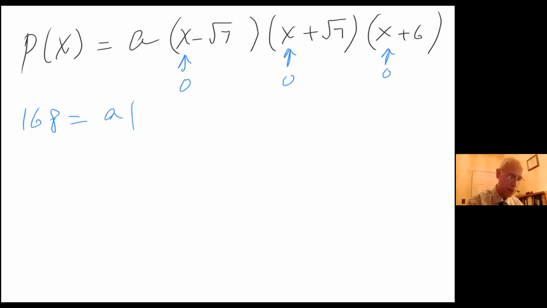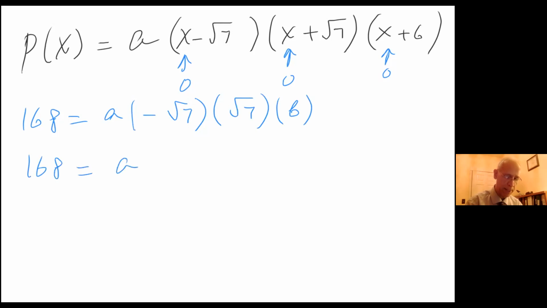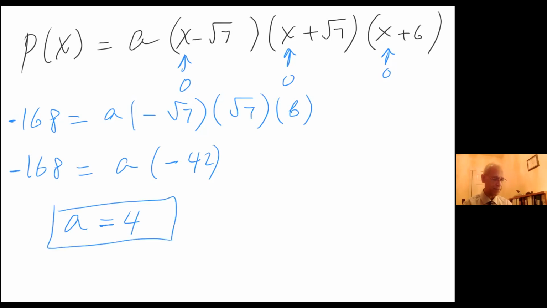So -168 equals a times negative times positive is negative, root 7 times root 7 is 7, times 6 is 42. Divide both sides by -42, and you get, I apologize, this was -168, so a equals +4.